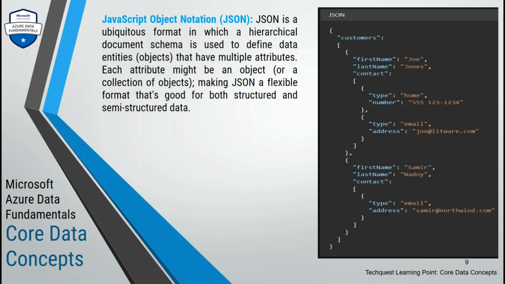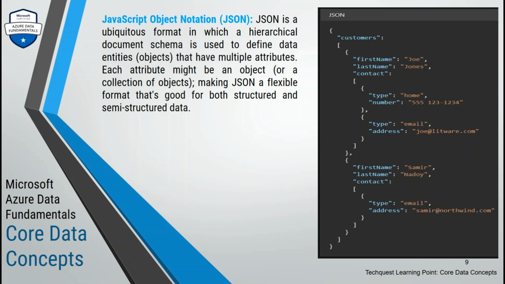Each customer has three attributes: first name, last name, and contact. The contact attribute contains a collection of objects that represent one or more contact methods, email or phone. Note that objects are enclosed in braces and collections are enclosed in square brackets. Attributes are represented by name-value pairs, separated by commas.